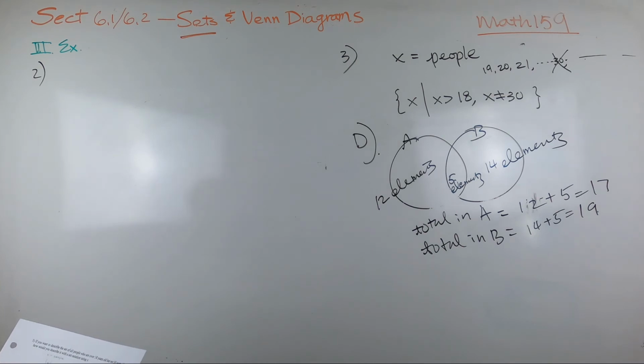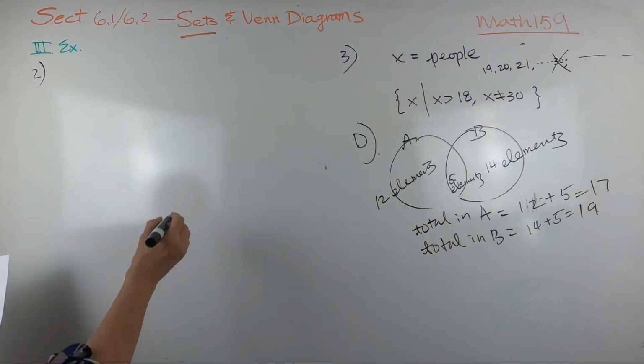So what are we talking about? We show how many elements in each set. We are talking about 3 things.